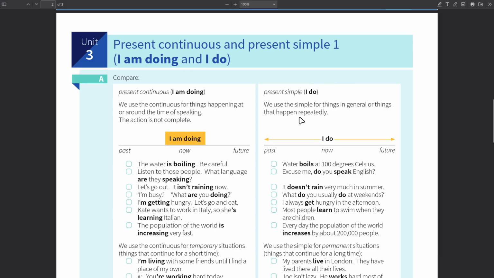But an example would be facts, like for example the moon goes around the earth, okay? That's a fact, something that is true. Another example could be an action that we do repeatedly, like for example I wake up every morning at 7 o'clock. It's something that happens constantly, right? Repeatedly.